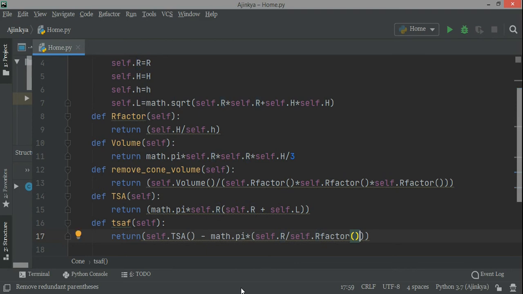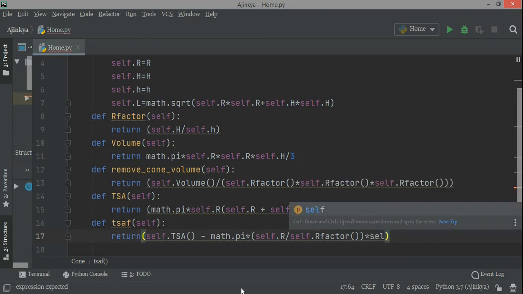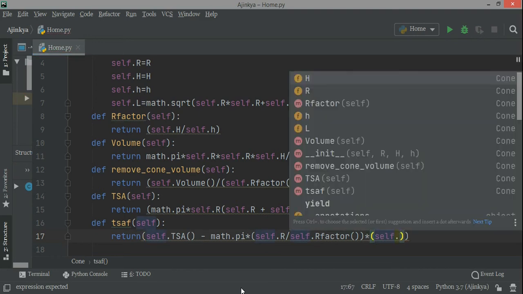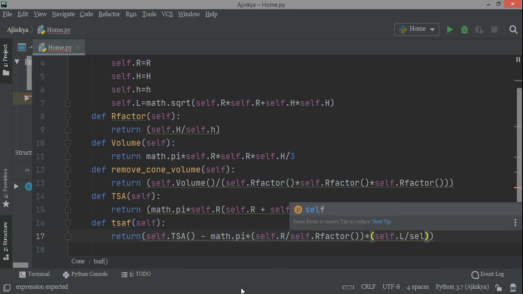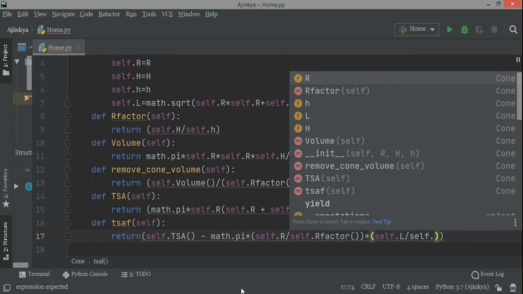Just follow the statement, which is self dot TSA, the total surface area of the bigger cone, minus this statement. Just write the code and then you can find that it's working. And at the end again I will explain what I'm trying to do.